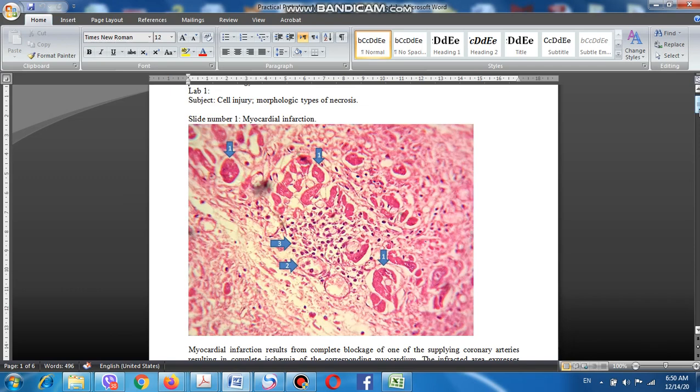The inorganic phosphate then reacts with water to give phosphoric acid, and this will lead to deepening of eosinophilia. As you can see here in this photomicrograph, there are myocardial cells. They are deeply eosinophilic, deep red.